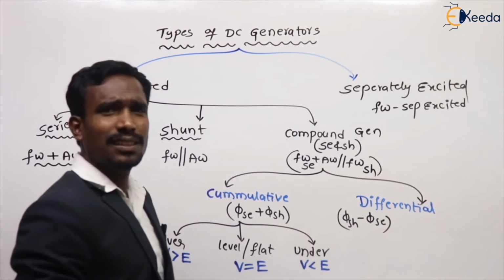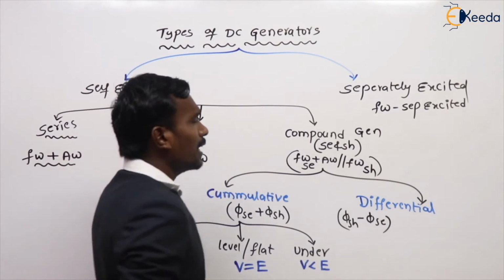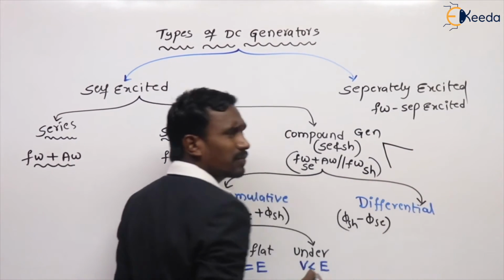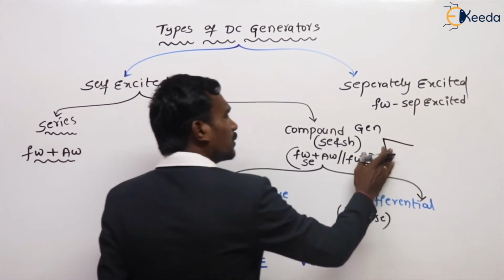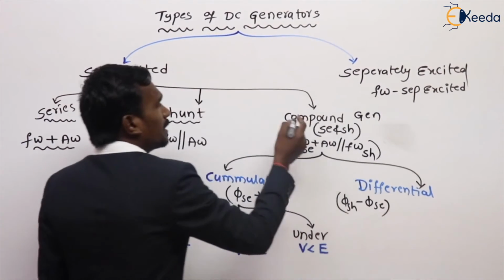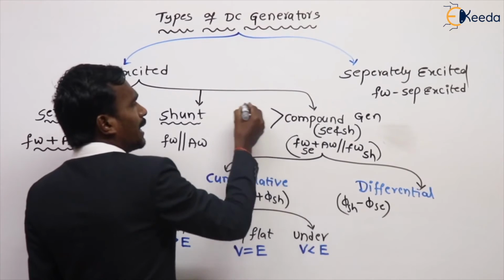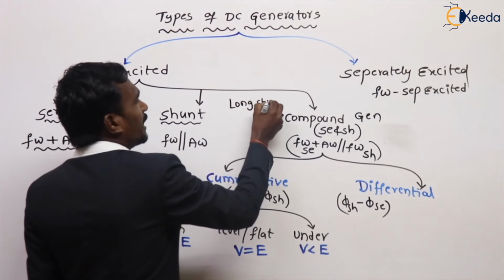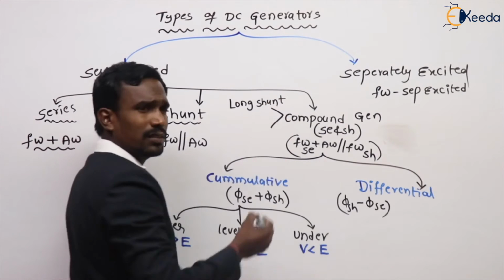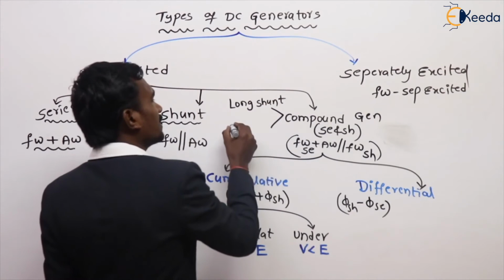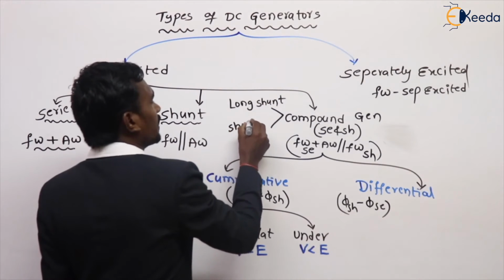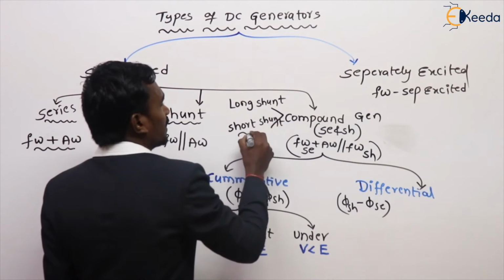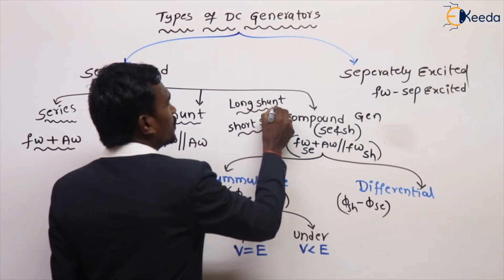Other than this, the compound generators are again of two types. One is the long shunt generator and the other one is the short shunt generator.